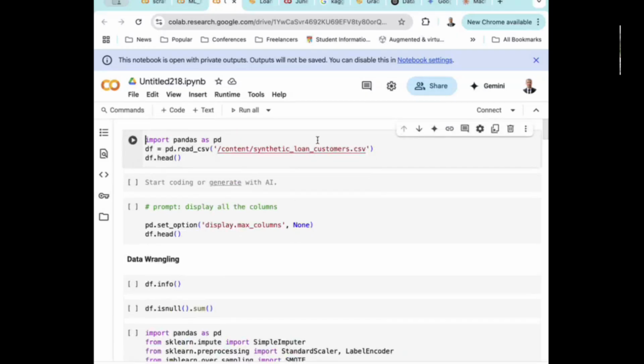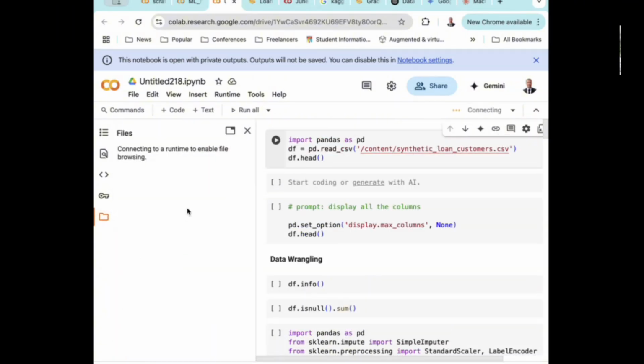I have also created this data set, but I'm going to share the data set with you for your own understanding, for your own good. If you want to look at something more complicated, the problem with this data is it comes with 25 features and 5,000 rows.